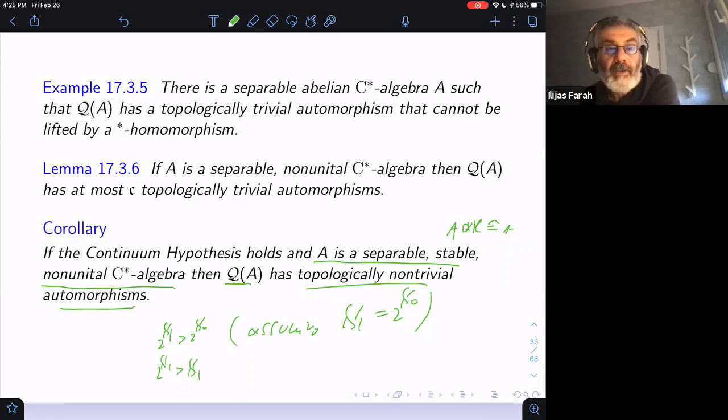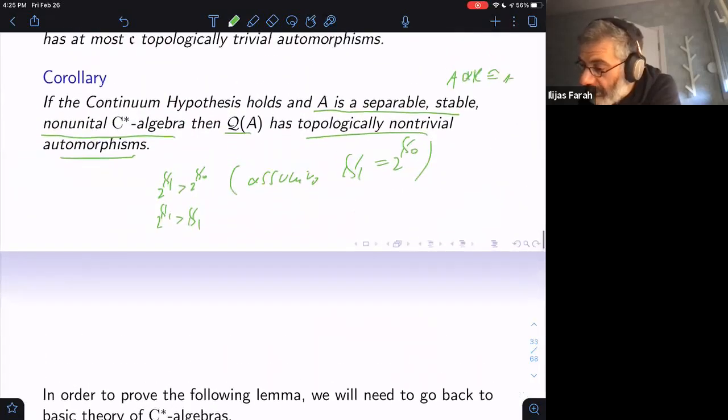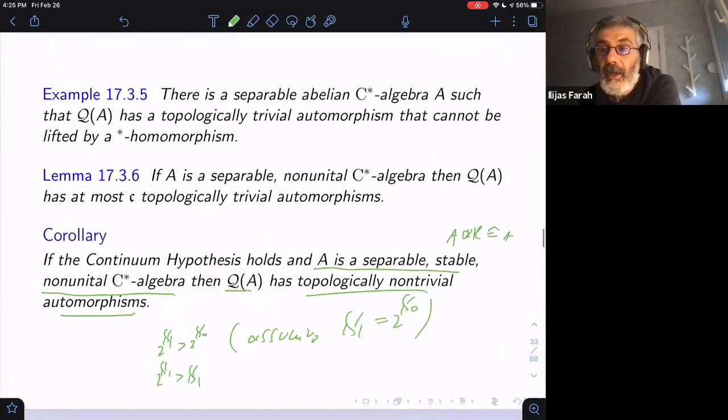So basically what we proved before was that the Calkin algebra has not just outer automorphisms, but even topologically non-trivial automorphisms. All right, so I think I should stop here. For the next class, we'll go back to continuous functional calculus and prove a few lemmas purely C-star algebraic, and then attack the proof that all automorphisms are inner.